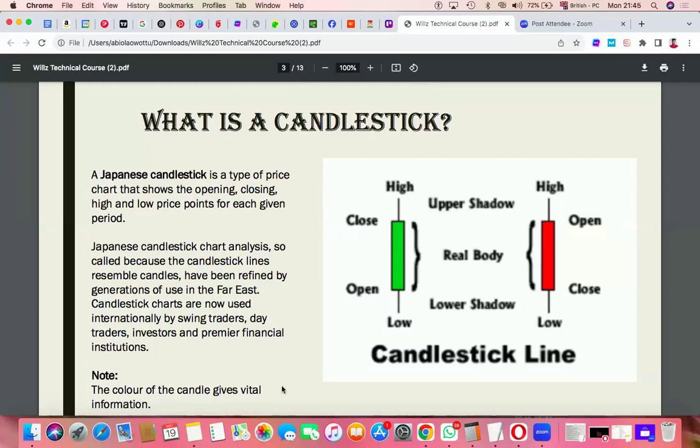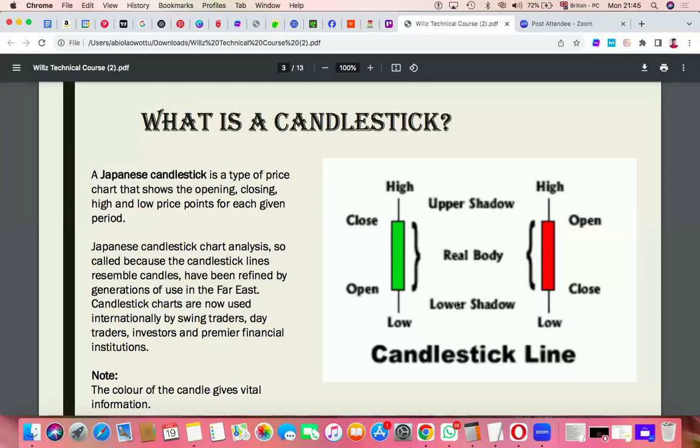The Japanese candlestick chart analysis is so called because the candlestick line resembles a candle, refined by generations of use in the Far East. Candlestick charts are now used internationally by swing traders, day traders, investors, and premier financial institutions. The color of the candle gives vital information.